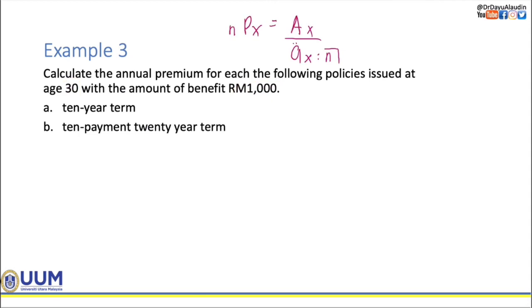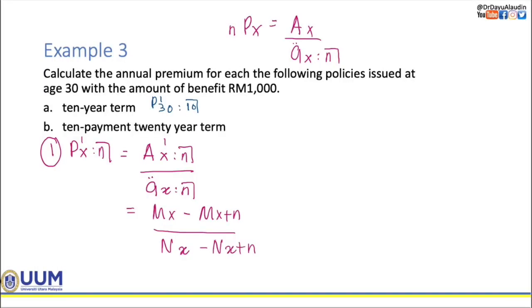Basically, the premium formula is like this: the insurance divided by the n-year temporary annuity. So a 10-year term refers to the insurance. This is not for whole life, so we have to use term insurance. The numerator must be term insurance, so we change it into term insurance.